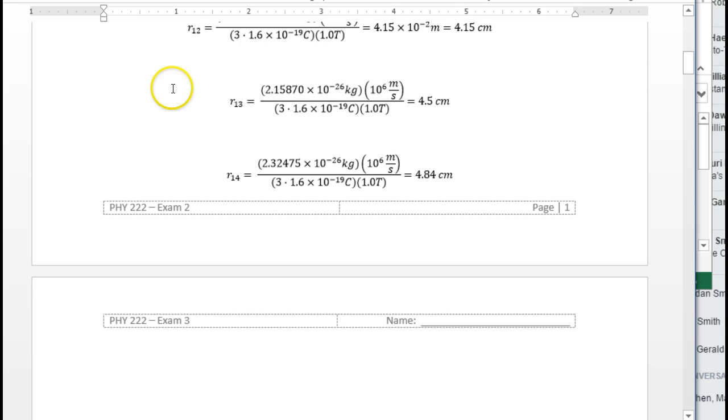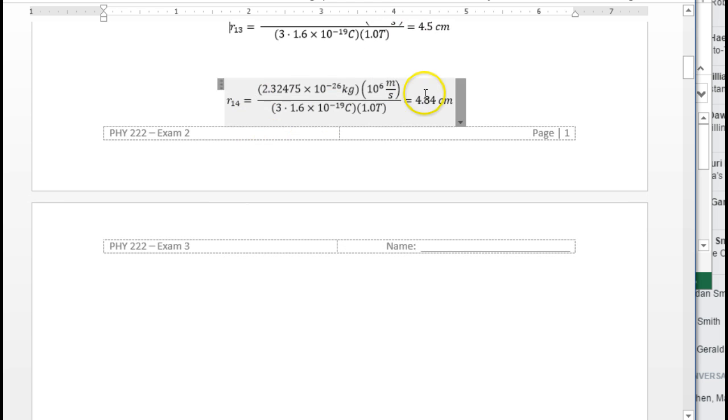So after 180 degrees, the carbon 12 will be 8.3 centimeters away from where they enter the field. Carbon 13 will be 9 centimeters, and carbon 14 will be 9.68.